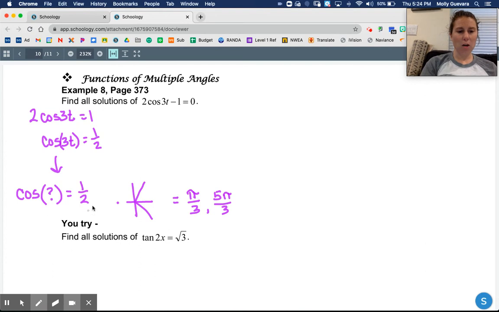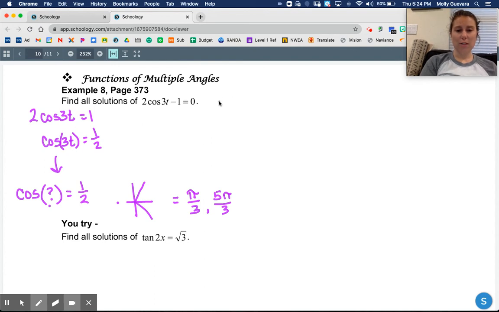Okay, so I know that whatever is inside this parentheses is equal to pi over 3 plus 2 pi n, because it doesn't have an interval, and 5 pi over 3 plus 2 pi n, because it doesn't have an interval. So in this case, what's in the parentheses is 3t.